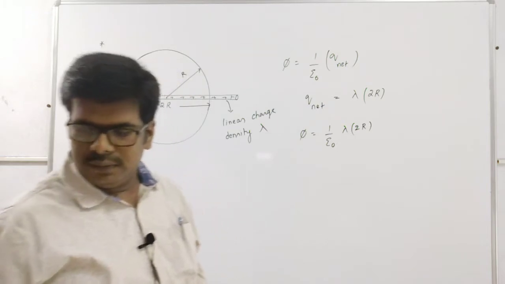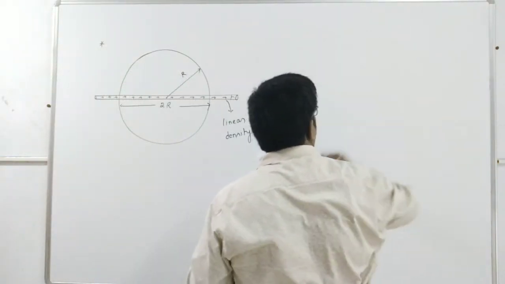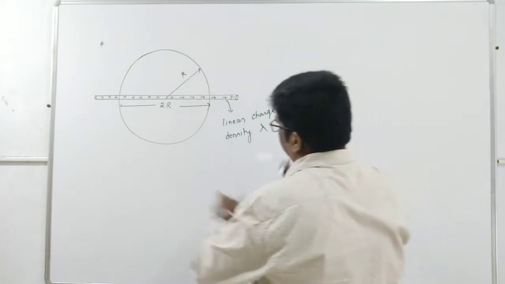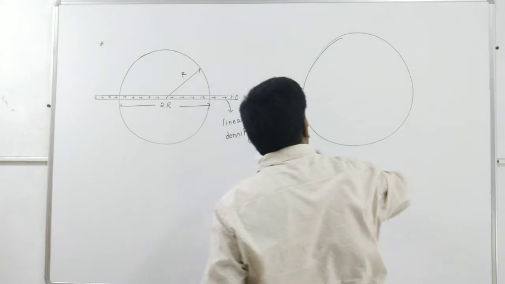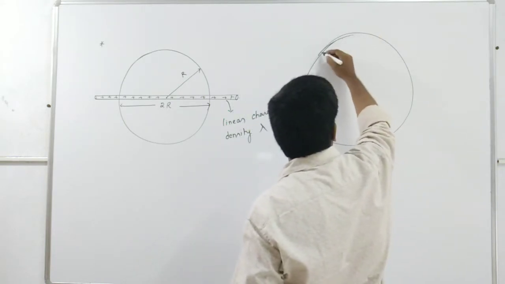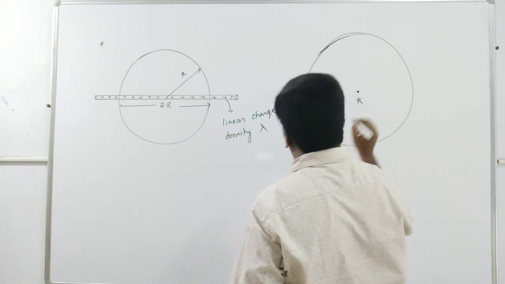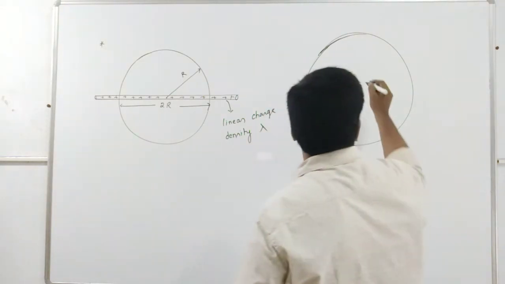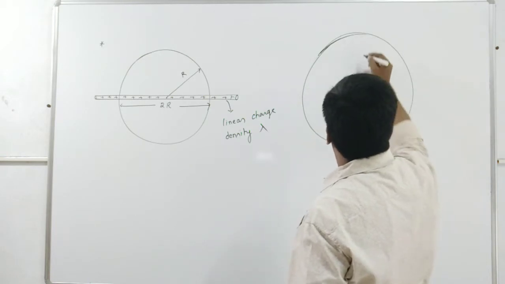If the conductor is not passing exactly through the center, it is like this. This is the center of the sphere, and this is the radius r.